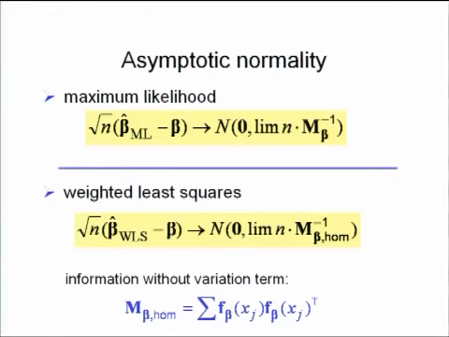If you take something like weighted least squares or generalized least squares, you will end up with a variance covariance matrix which is proportional to the information without this knowledge. So that's what one usually would optimize.